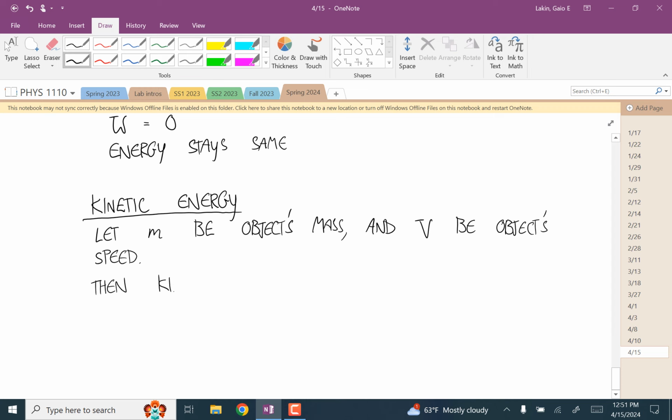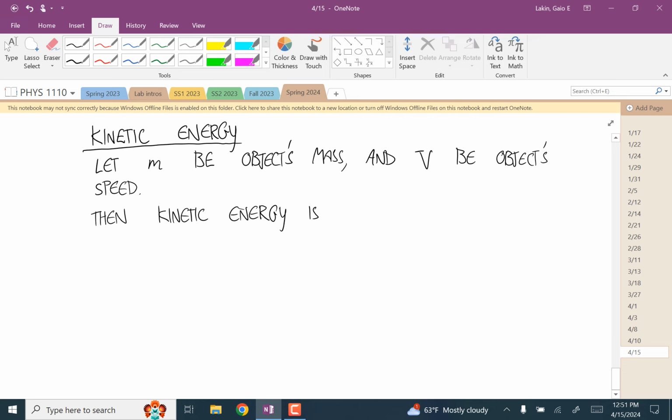Then the kinetic energy, it's what we're calling capital T, and it's equal to 1/2 times the object's mass times its speed squared.